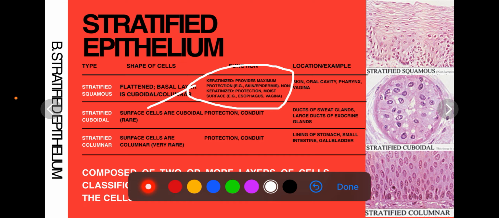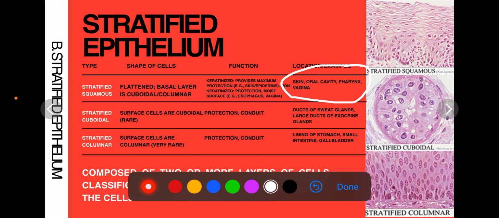That is why it is on the skin. The non-keratinized is also for protection, and it's for moist internal surfaces like the esophagus and vagina. Where do you find this? As we have mentioned, the skin, oral cavity, pharynx, vagina, and so on. So this is stratified squamous epithelium.